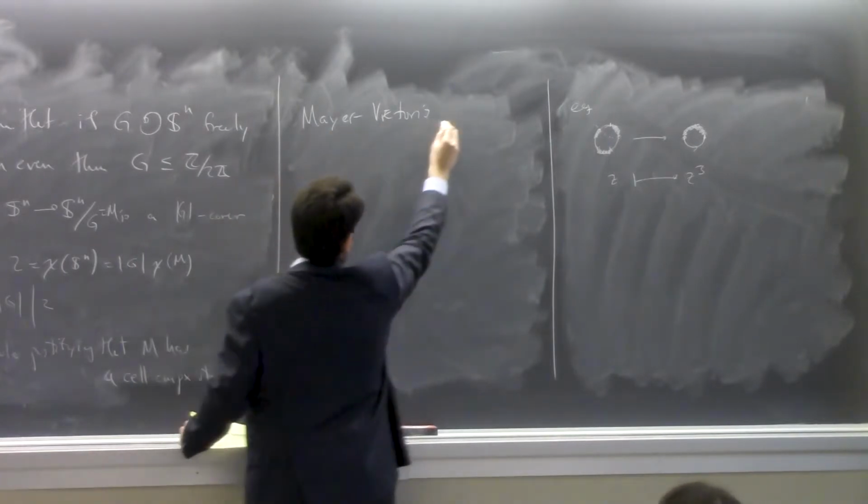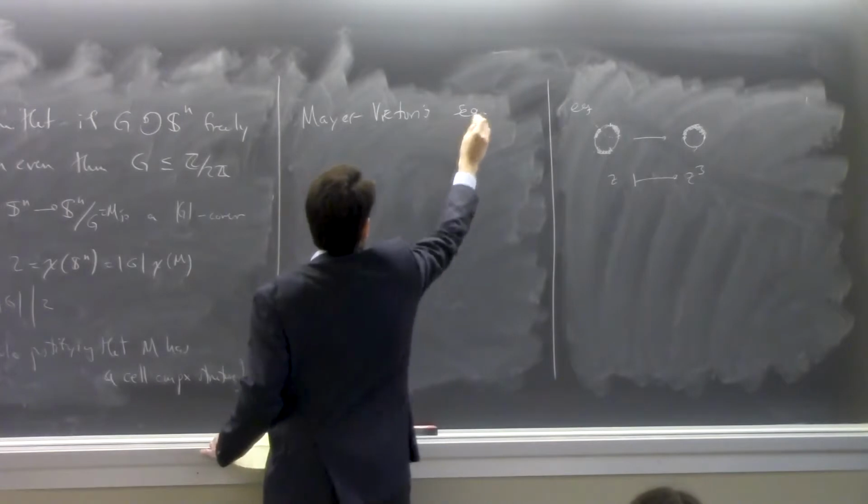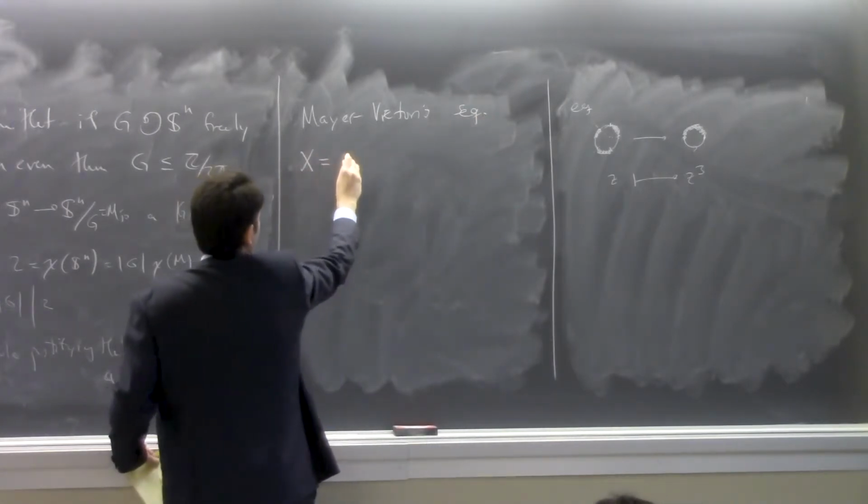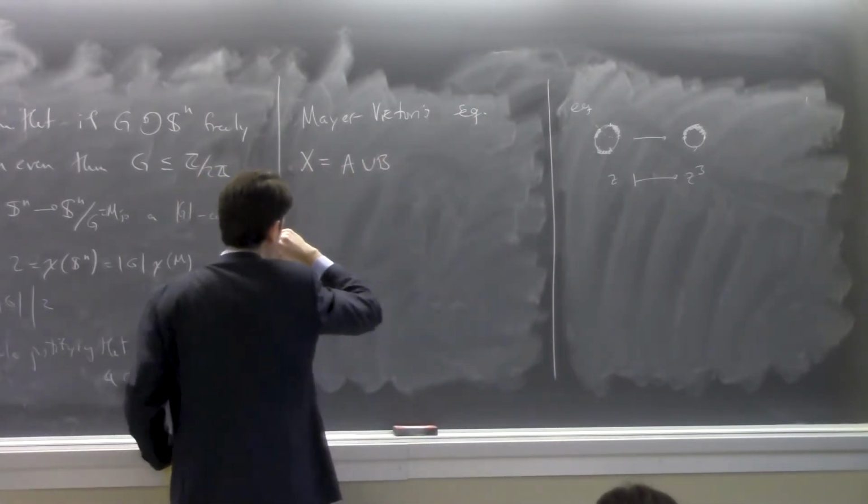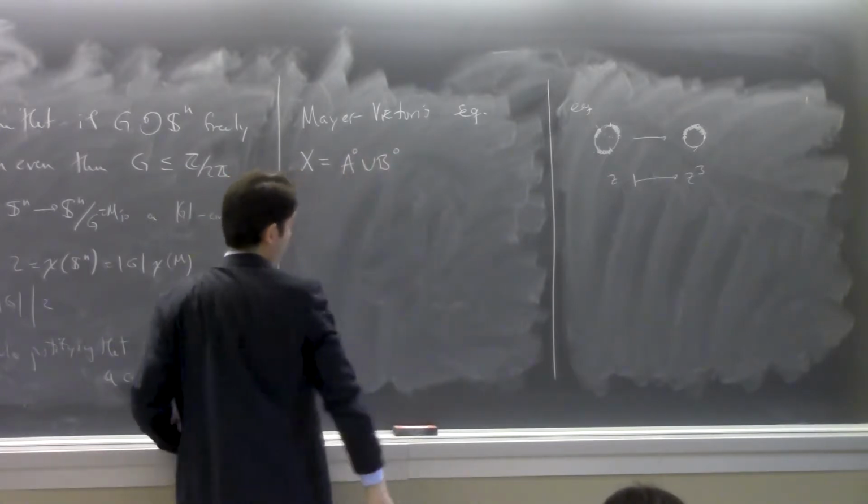Okay, but here's what the Mayer-Vietoris sequence says. Say you have X, and you write it as the union of two spaces, in fact, the union of the interiors.